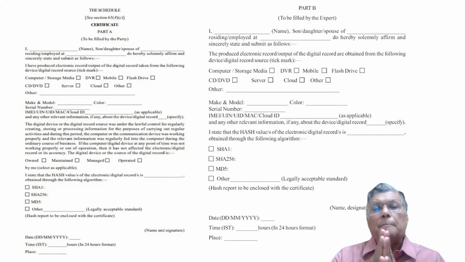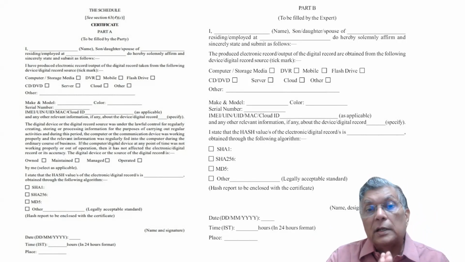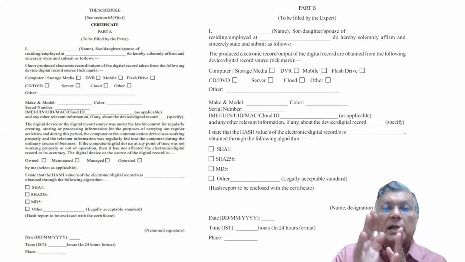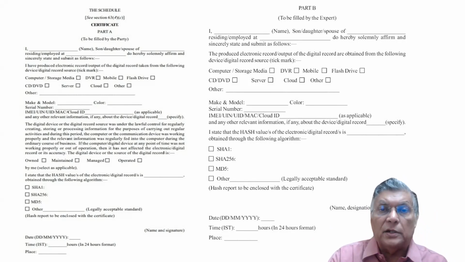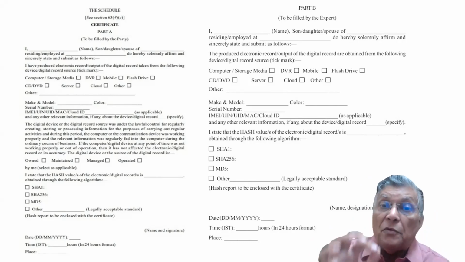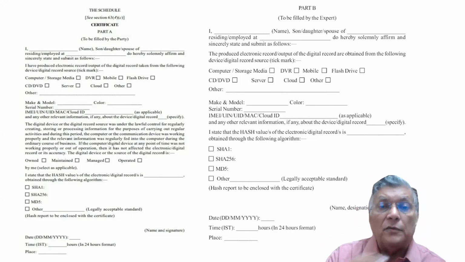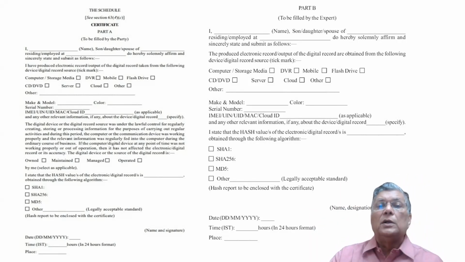So it should always be necessary for a third party expert to provide a Section 63 certificate, even when the original device, the so-called original device, is handed over to the court.